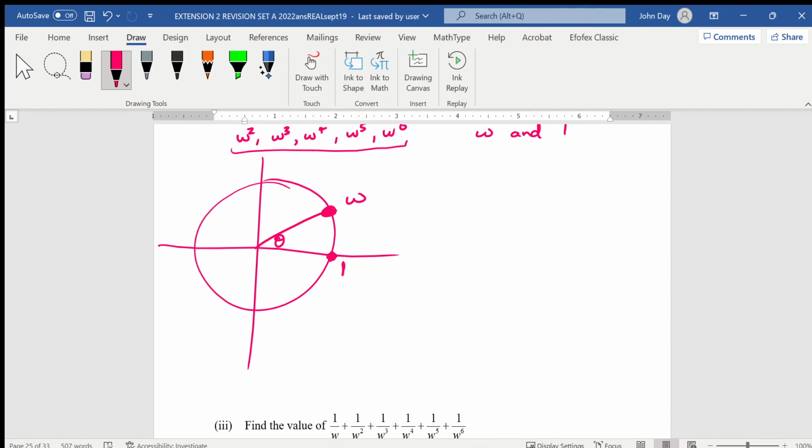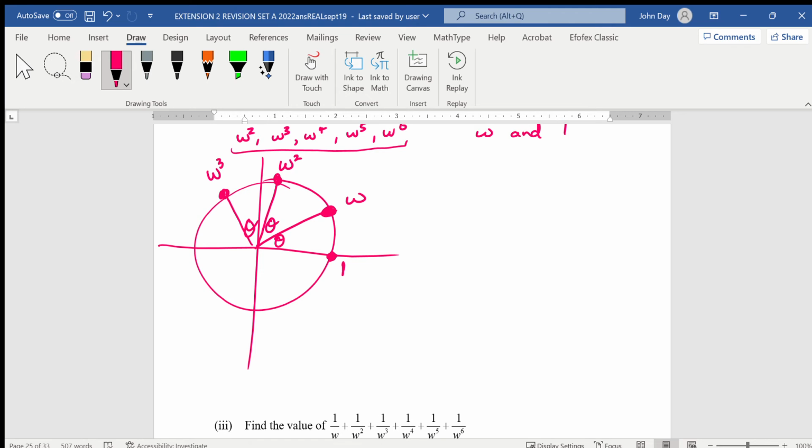Well, then when we times w by itself, you might get one out here. That's w squared. It's going to have an argument of 2 theta, because you add the arguments when you multiply, and it's still going to have the same modulus. It's still going to sit on that unit circle. And we can times it again, and we'll get one with an argument of 3 theta, and so on.